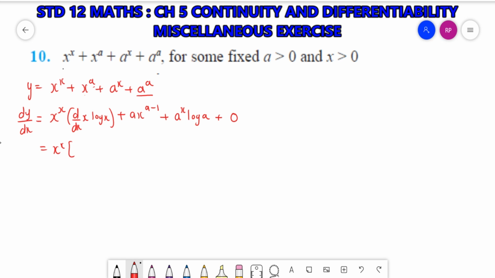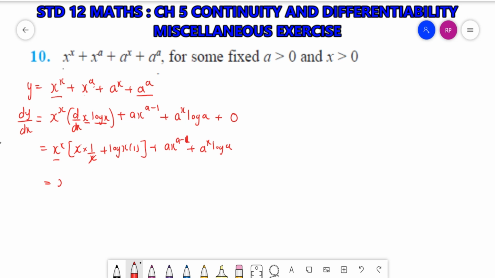x raised to x, now u as it is, derivative of log x is 1 by x, plus v as it is log x, derivative of x is 1, plus a x raised to a minus 1 plus a raised to x log a. Okay, see now what's the derivative of x raised to x? x raised to x (1 plus log x).